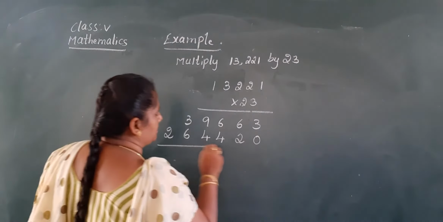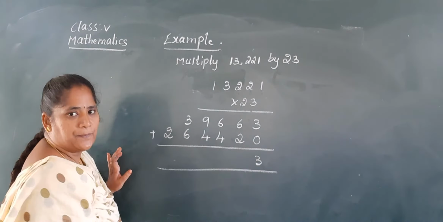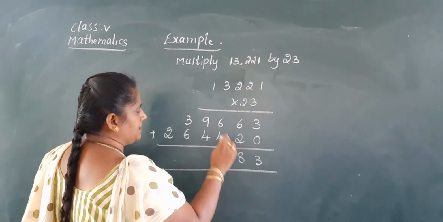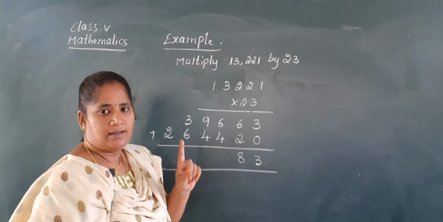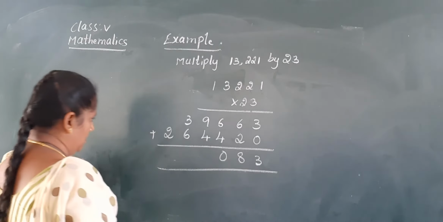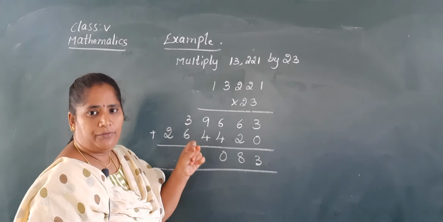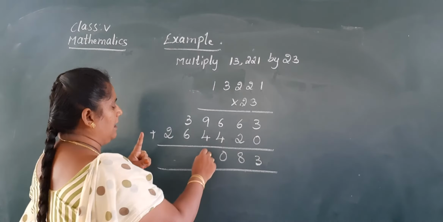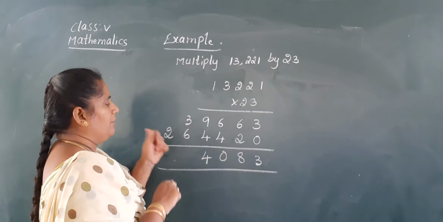Now we add these products. 3, 6 plus 2, 8 and 6 plus 4 is 10. So 10 means 1 in hand, 0 is down. Take one finger, 9 after 10. 10 plus 4, 14. Again 1 in hand, 4 is down. Take one finger, 3 after 4. 4 in the mind.